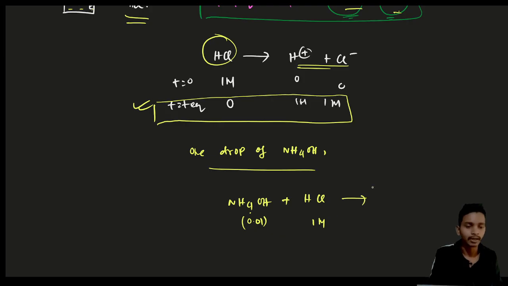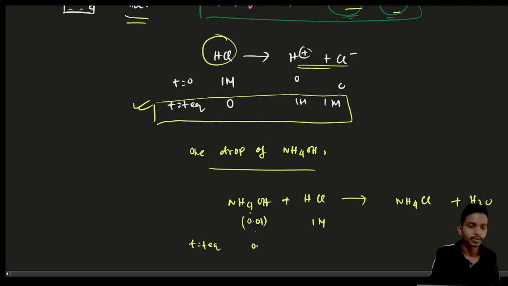So this will react, and NH4Cl plus water will form. So at t equal to t equilibrium, this is 0.01, so this is also 0.01.